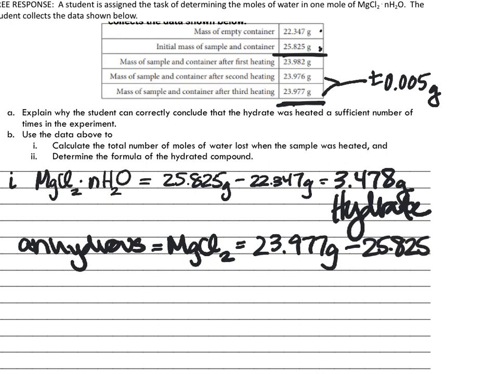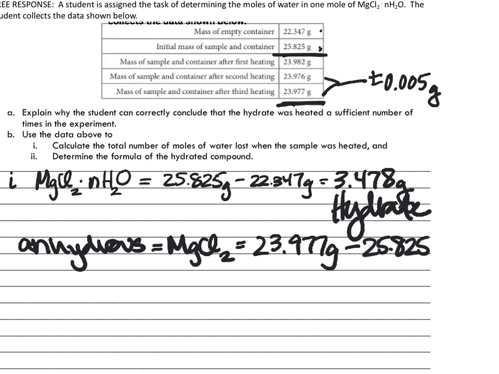The girl in the video, she never calculated the grams for the hydrate. She did something different. She calculated the grams for the magnesium chloride, then she divided by the grams per mole of the hydrate to get the percent molar.